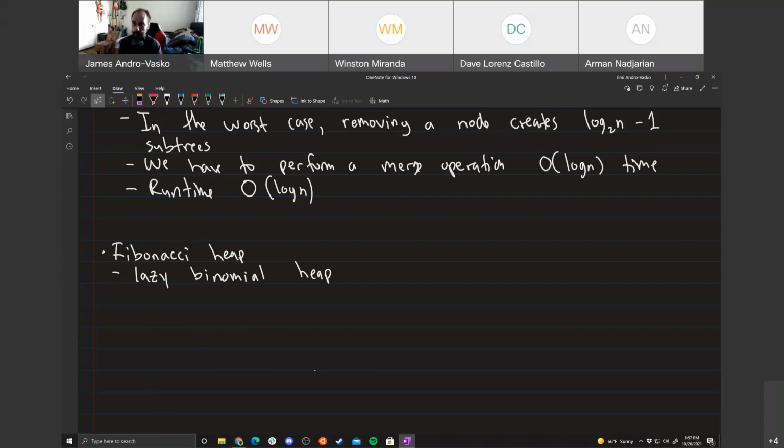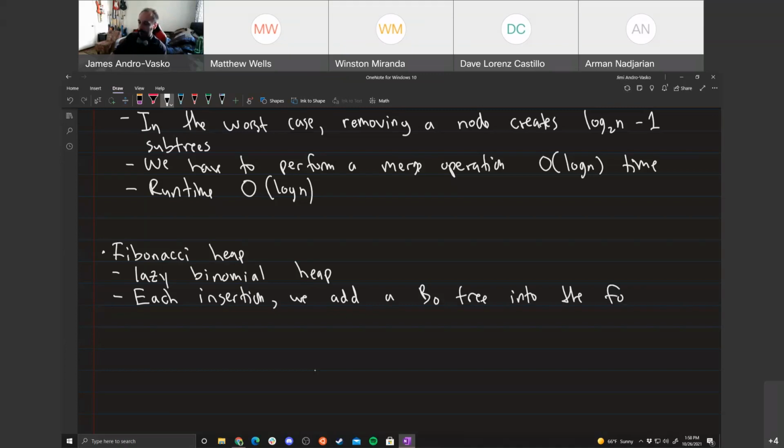Now, a Fibonacci heap is even lazier than a binomial heap. For each insertion, we just add a B0 tree into the forest, and we do not perform merges.